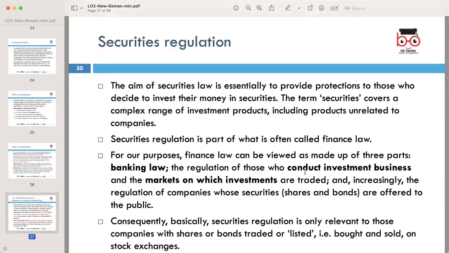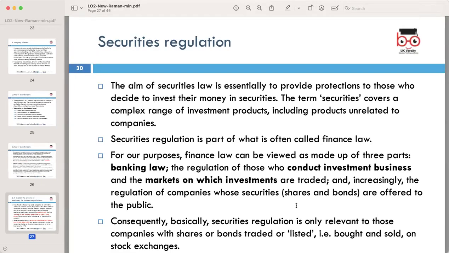Securities regulation law aims to safeguard individuals who invest their money in various investment products, encompassing those unrelated to companies.